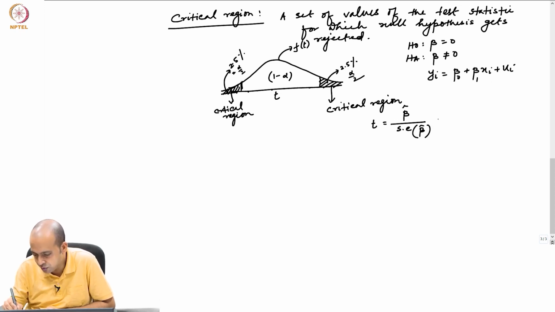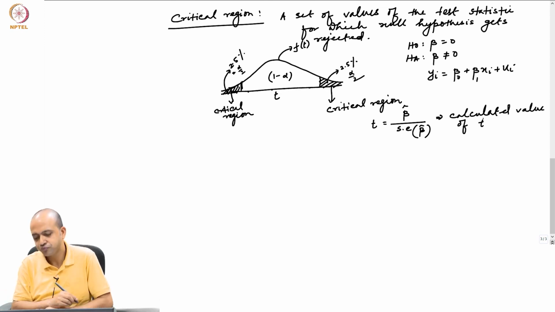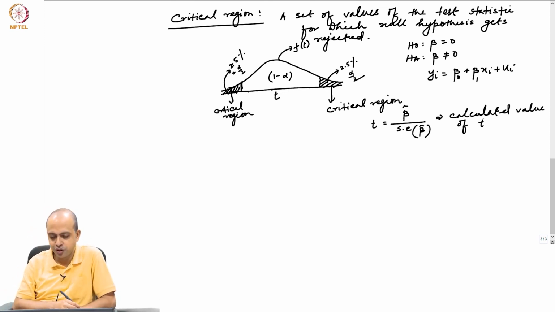That will give you the calculated value of T. Now, look at the definition of t: it is t equals to beta hat divided by standard error of beta hat, and that is why you are going to get a distribution.